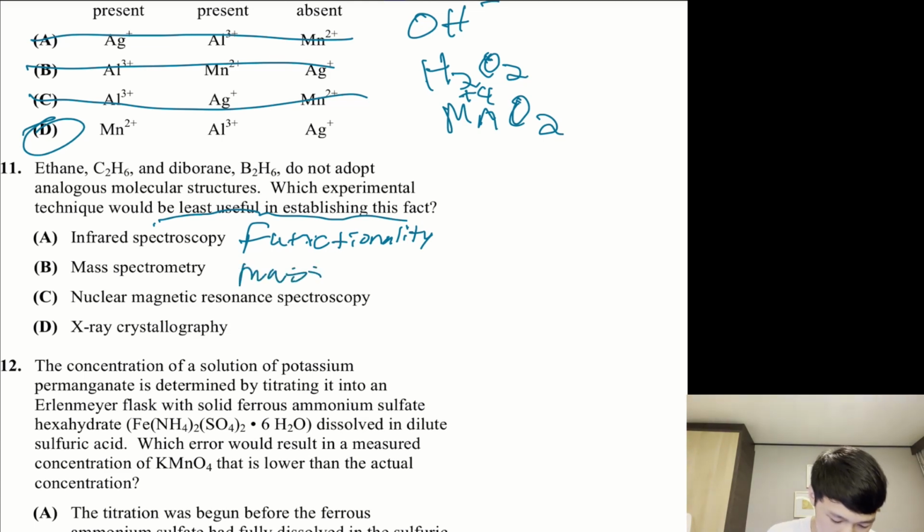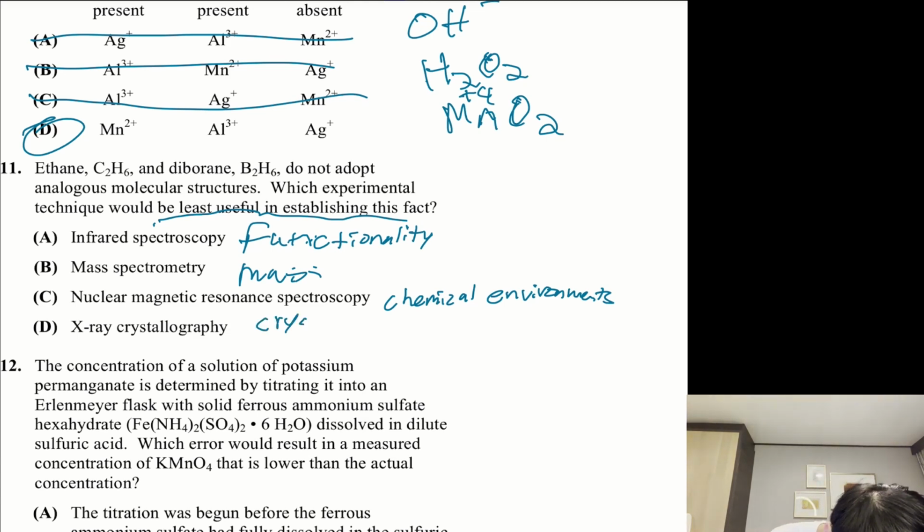NMR spectroscopy tells us about the chemical environments. And X-ray crystallography tells us the crystal structure. And the question is asking us which experimental technique would tell us the least about the molecular structure.